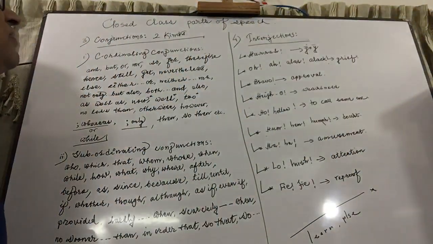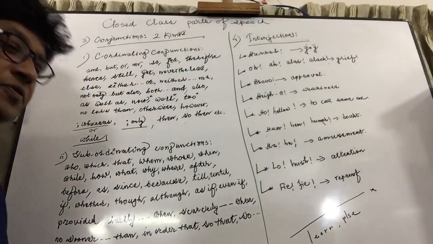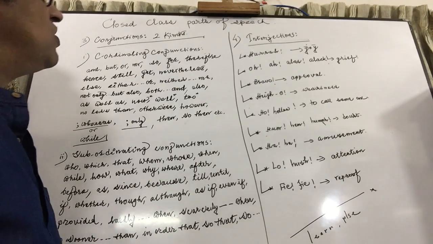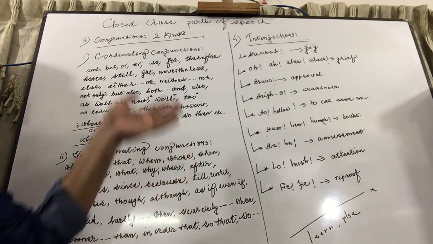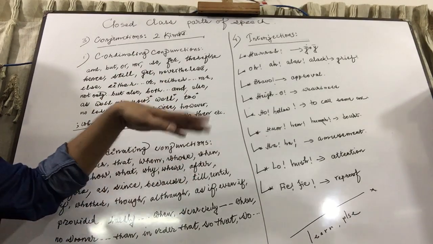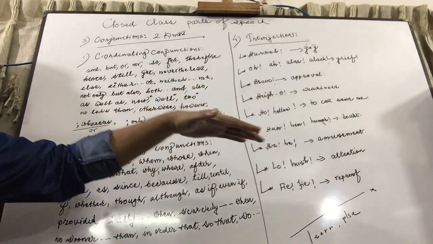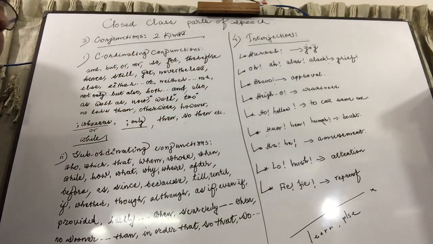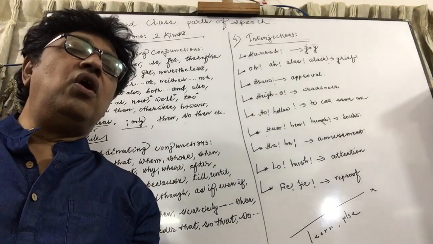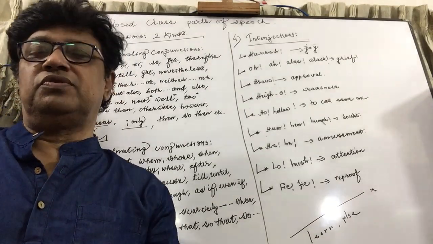In this way, four kinds of parts of speech, which are called closed class parts of speech, you can learn, because these are the words which can only be used as it is given by me here. You have to learn it. Then you can learn all the closed class parts of speech.